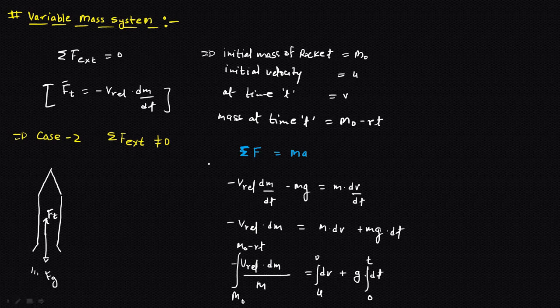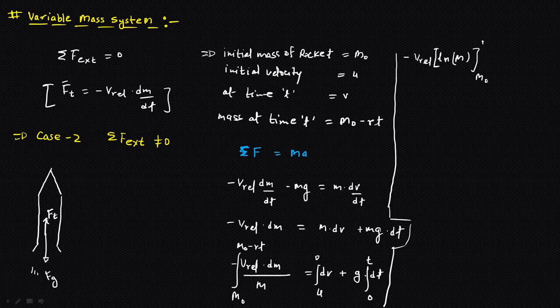When we do the integration, dm by m becomes ln m, so minus V relative into ln m, with the limit from m naught to m naught minus rt.